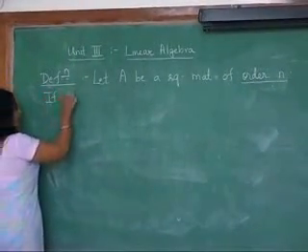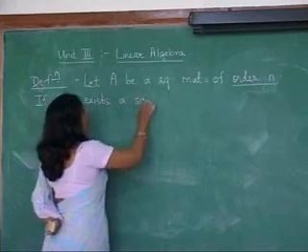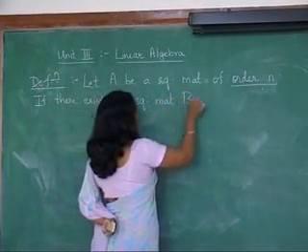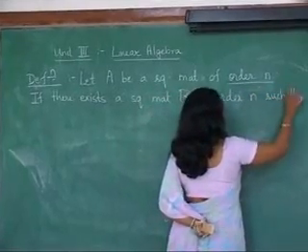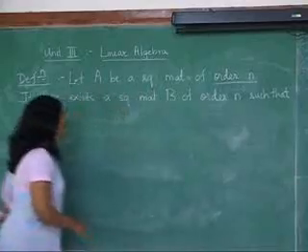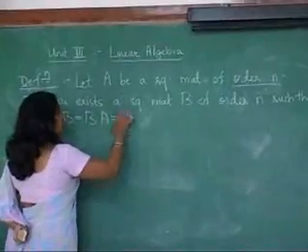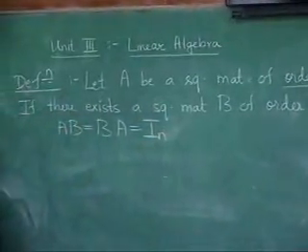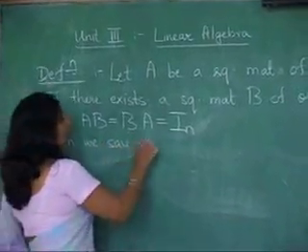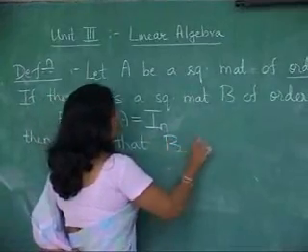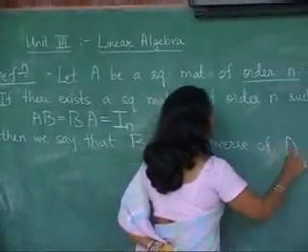If there exists a square matrix B of order n such that A into B or B into A, both products give us the identity matrix, then we say that B is an inverse of A.